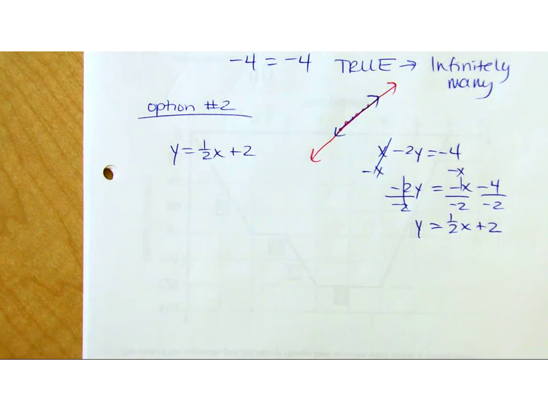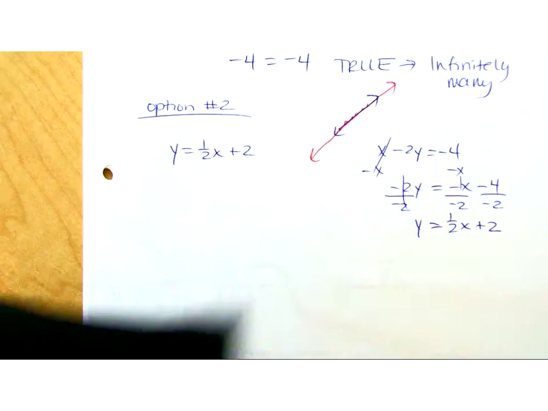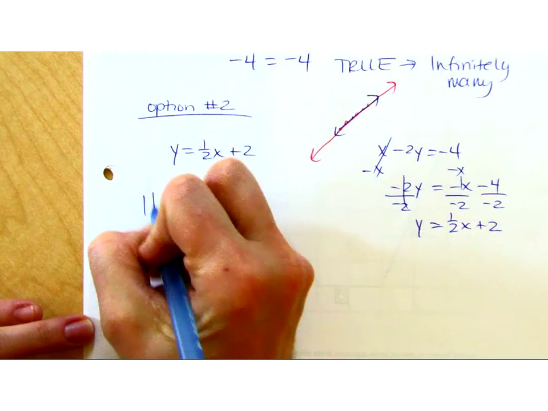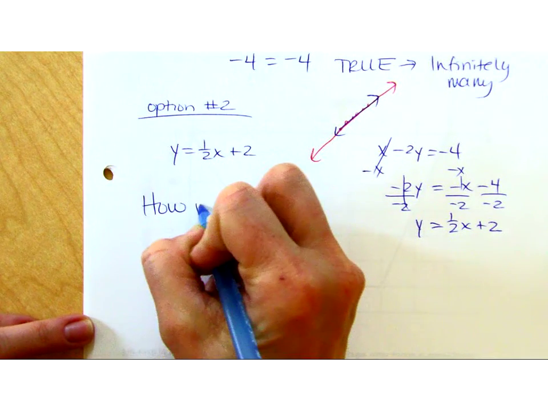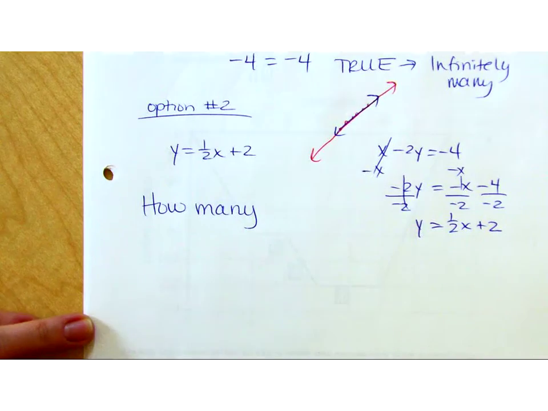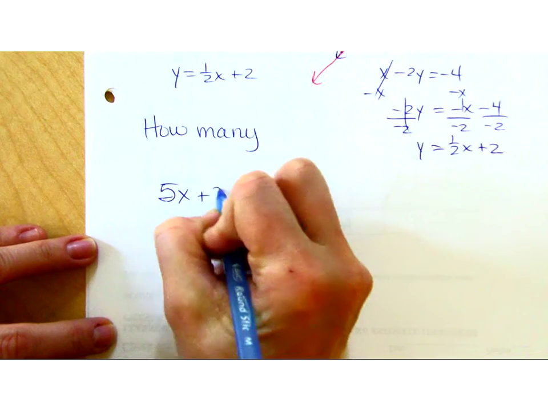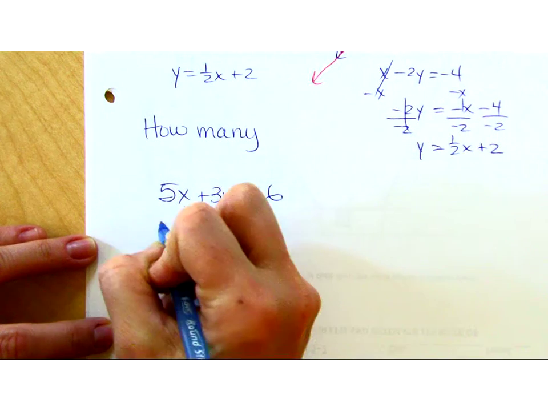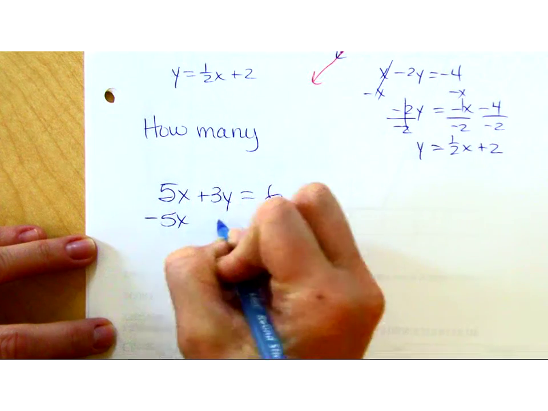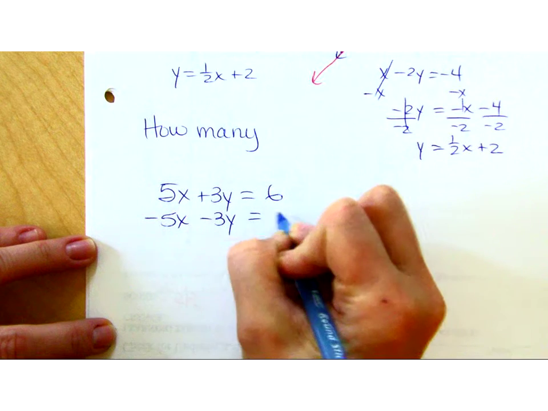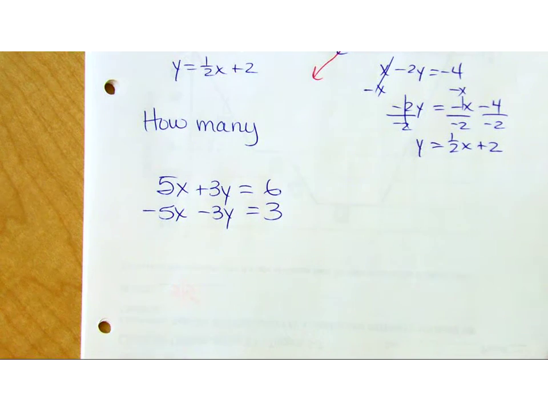What if I gave you a problem, if I were to give you a test, and I said, hey, see this system right here? 5x plus 3y equals 6, and negative 5x minus 3y equals 3. Don't worry about solving it. Just tell me how many solutions there would be.